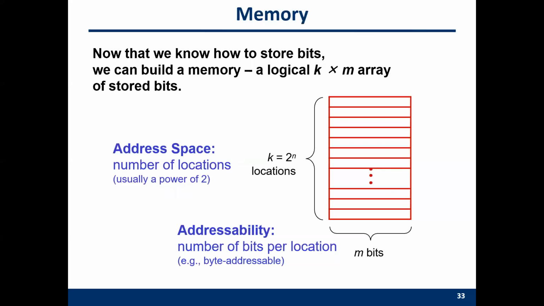And in the state-of-the-art memory system, memory is actually a consecutive space, which can be organized into a k times m array. So you have k addresses, where k is actually 2 to the n, and each entry has m bits.